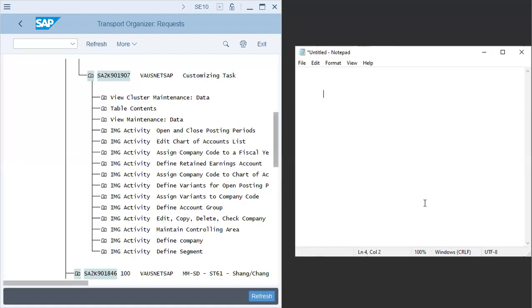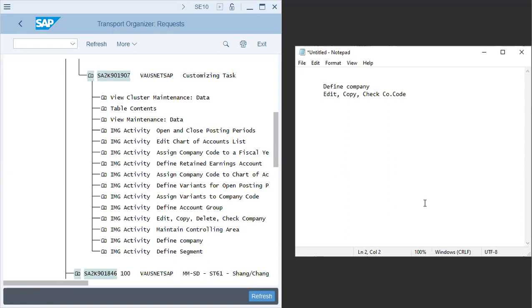Okay, first is edit, copy, check company code. Okay, first is define company.